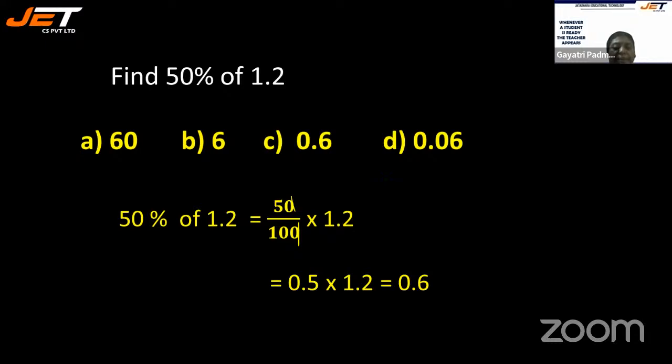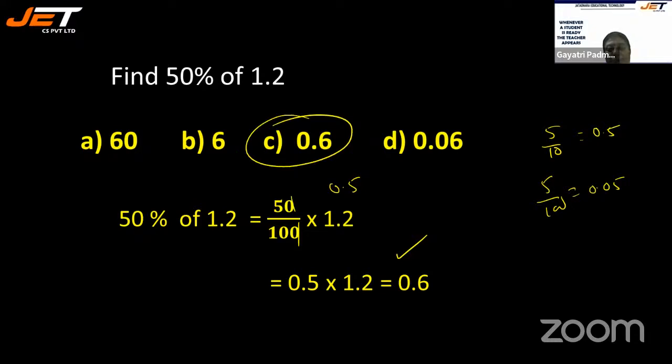What is 5 by 10? It is nothing but 0.5. See, 5 by 10 is 0.5, and 5 by 100 is 0.05. Here you are getting 5 by 10, which is 0.5, into 1.2, which is 0.6. So your answer C is the correct option.